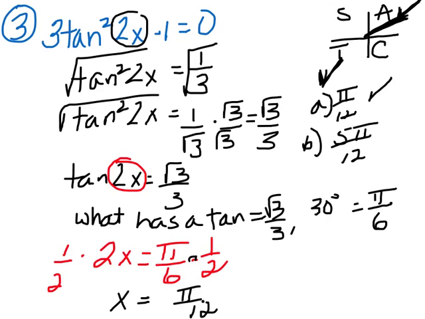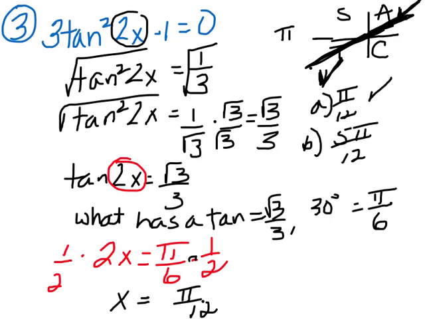Pi over 12 is a skinny little angle over here, right? Tangent is also positive over here. If I look at where this angle would be, it's all the way out here to pi, but then we keep going pi over 12 more, right?